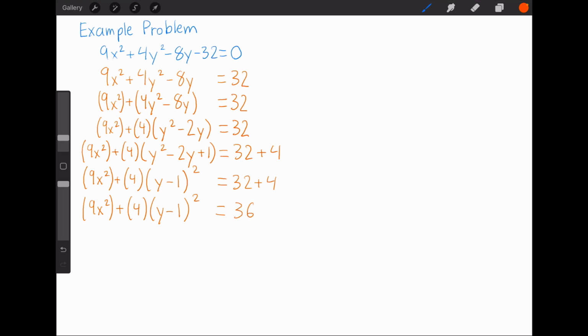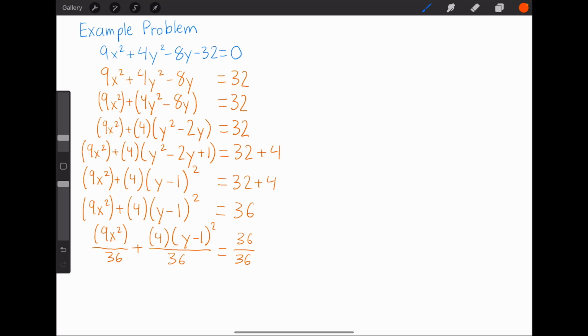In this next step, I'm going to divide both sides of the equation by 36. This would transform the equation into 9x squared over 36 plus 4(y minus 1) squared divided by 36, which equals 36 over 36. I am now going to simplify these fractions.